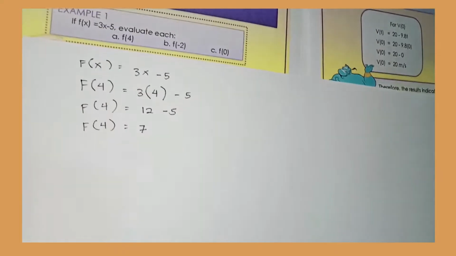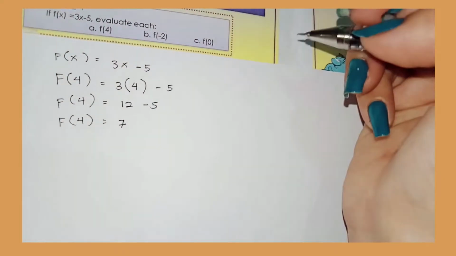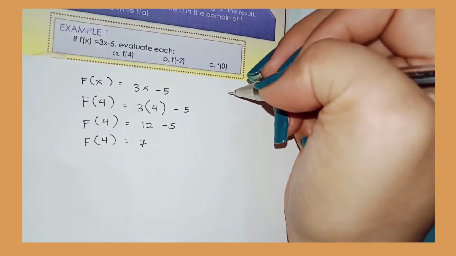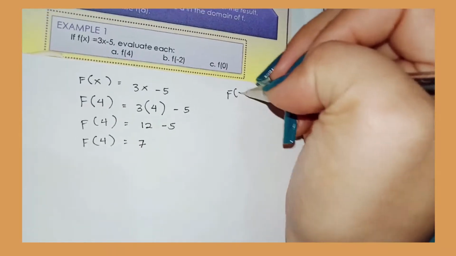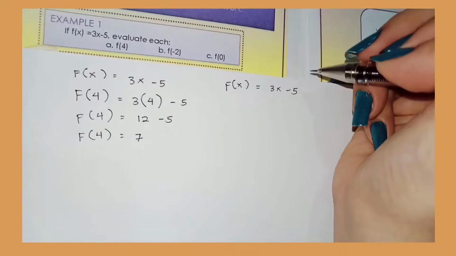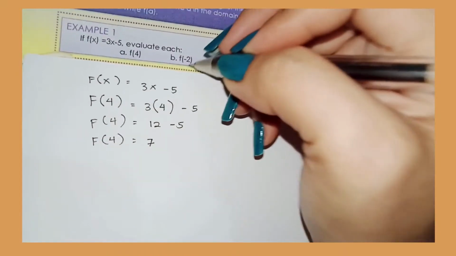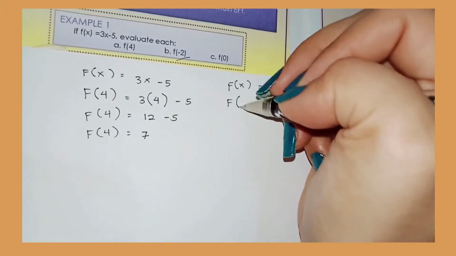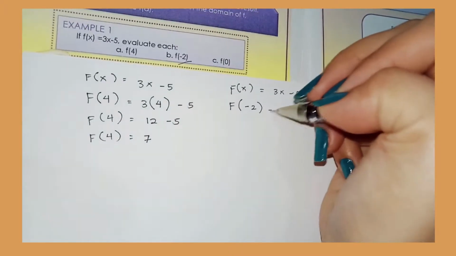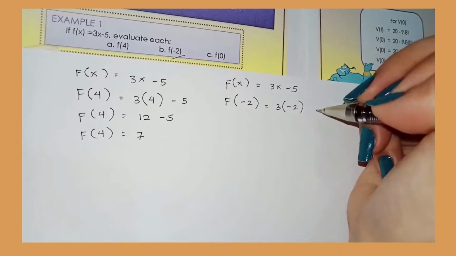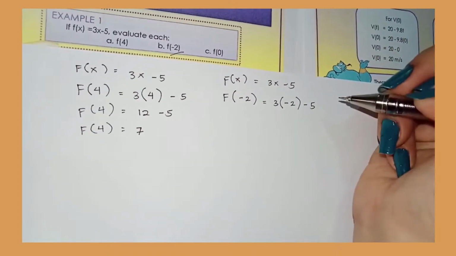Let's try letter B, which is f of negative 2. So, we have the given equation is f of x is equal to 3x minus 5. Lahat daw ng x, papalitan ko naman siya ng negative 2. F of negative 2 is equal to 3. Yung x, papalitan ko ng negative 2. Then copy negative 5.